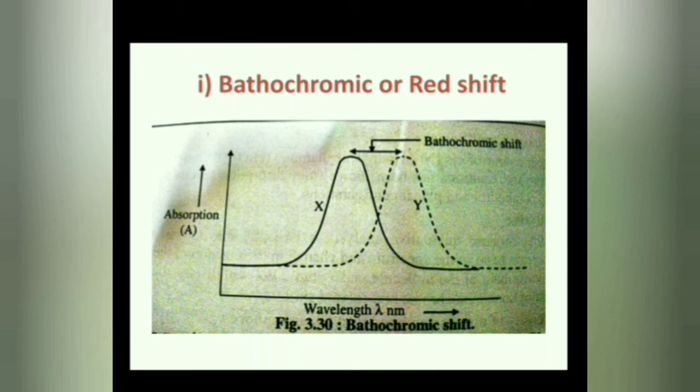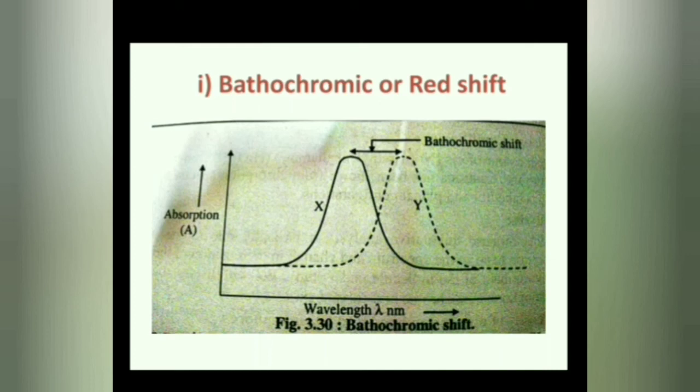In this particular graph, we consider that in position X, this is a normal wavelength, but when it gets attached to the auxochrome, it shifts its position to Y. Therefore, it increases the wavelength of that particular compound. For example, decrease in polarity of the solvent causes a red shift, that is the bathochromic shift, in the n to pi star transition absorption of the carbonyl compound.